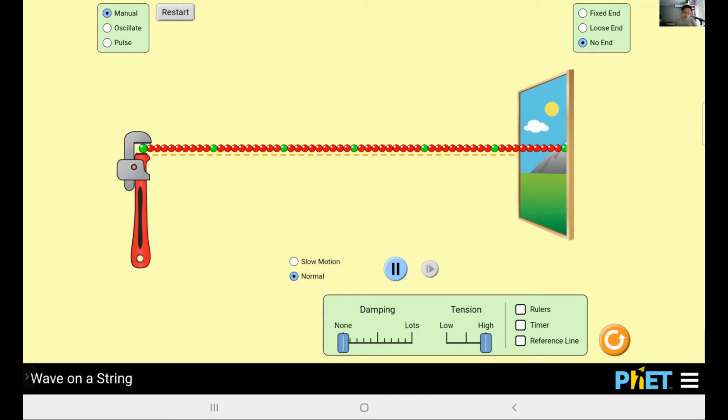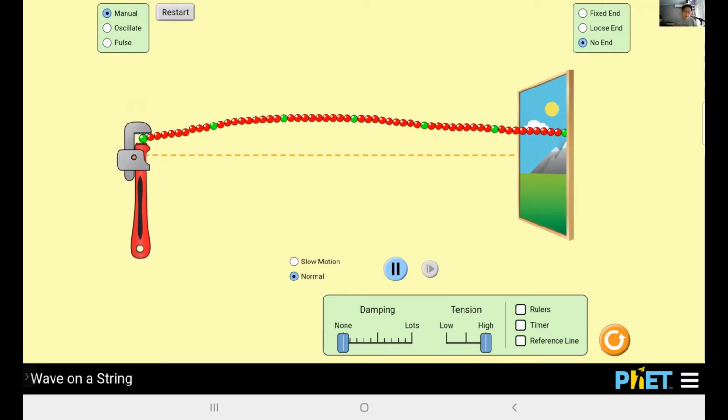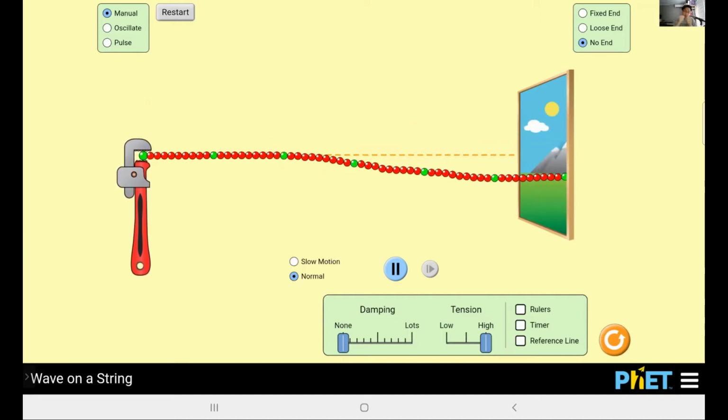When the movement happens on the left, each dot or each ball can feel the disturbance of its neighbor. Of course, the interaction between atoms or elements in the string will cause the movement of the neighboring atoms as well, and that generates a chain reaction.